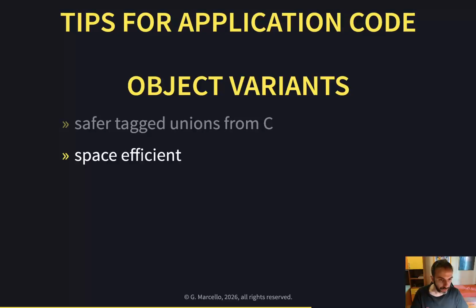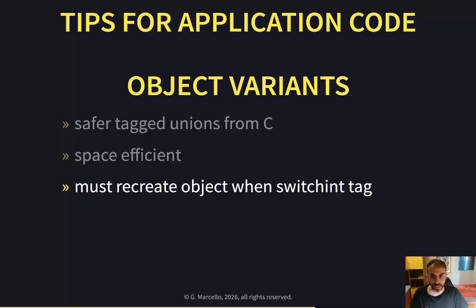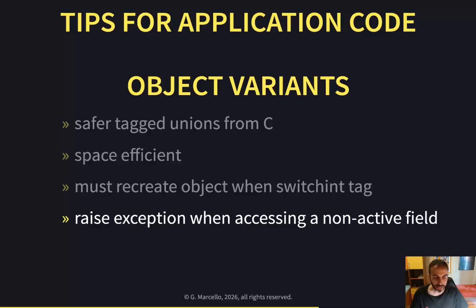They're really space efficient. One of the caveats is that you have to recreate the object when you're switching tags, so you cannot just switch tags because that's unsafe. And they will raise an exception or throw a panic when accessing an inactive field. That's your safety mechanism with object variants.